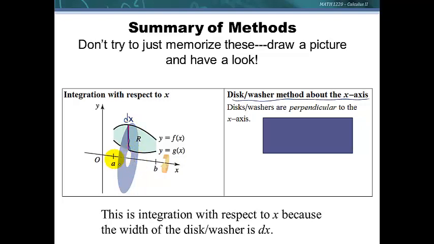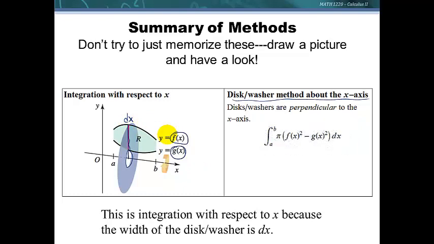So we would be integrating here from A to B, and the area of the disk is going to be pi times the upper function f of x squared, minus, and we're going to subtract off this hole, pi g of x squared, and then multiplied by our little thickness dx. So here is our integral. This is just what we said, but you could factor out a pi.